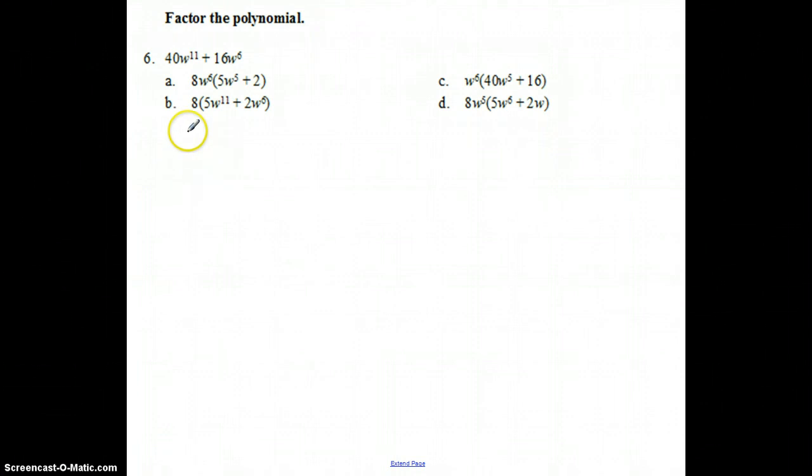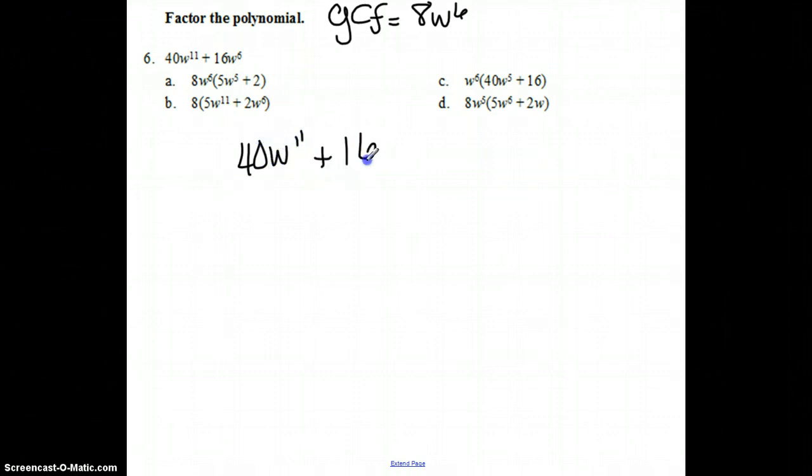Okay, factoring the polynomial. This is one that's going to look for greatest common factor. The biggest number that will go into both 40 and 16 would be 8. There are 11 w's here and 6 here, so that means that they have at least 6 that they both have. So to solve for this, if this is my original problem, underneath it I'm going to do 8w to the 6th.